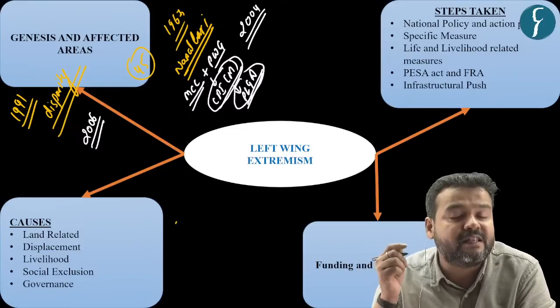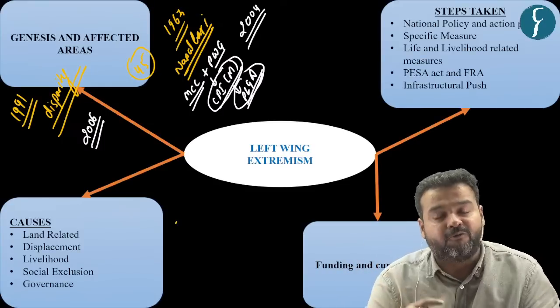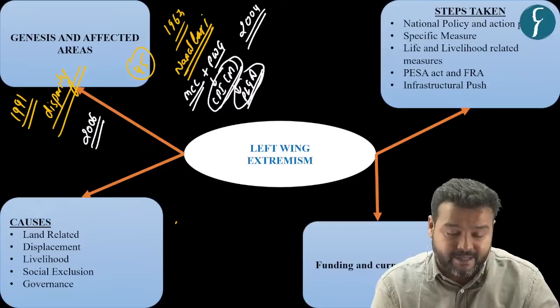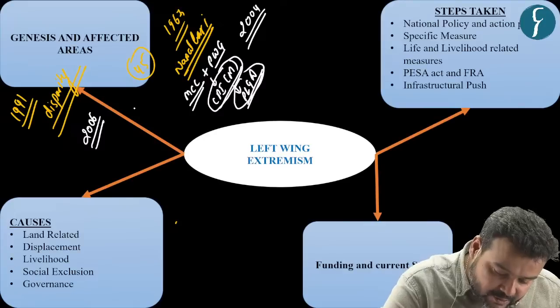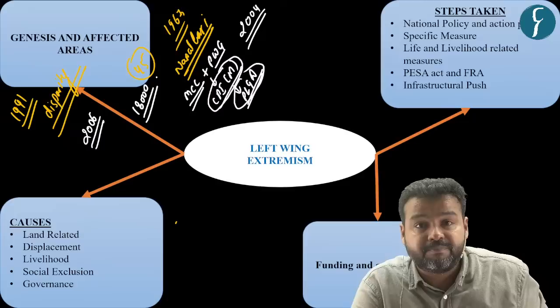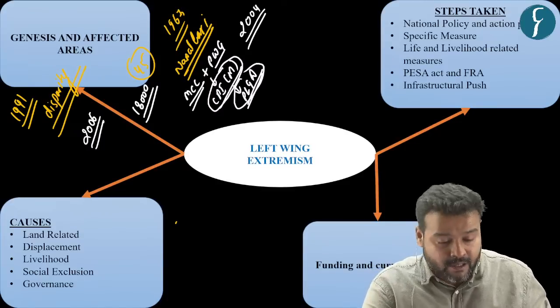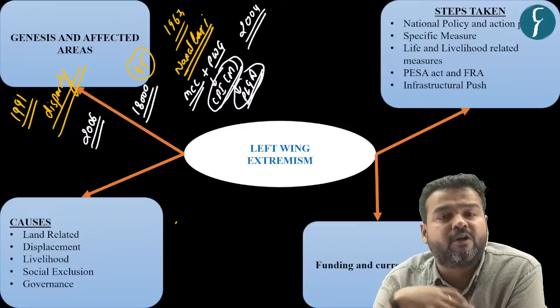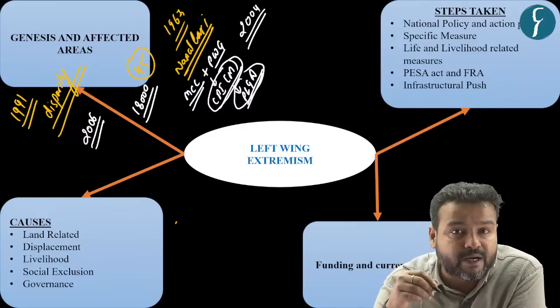So this was the level of violence and incidents up till 2018. Around 18,000 people have lost their lives in this conflict. So this was the basic overview or evolution of the Naxalite movement.